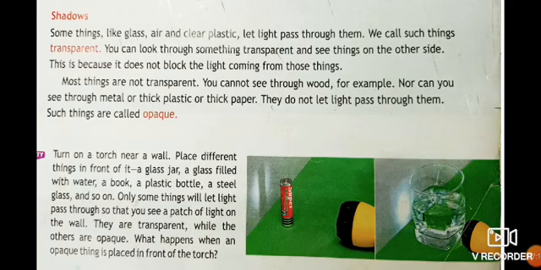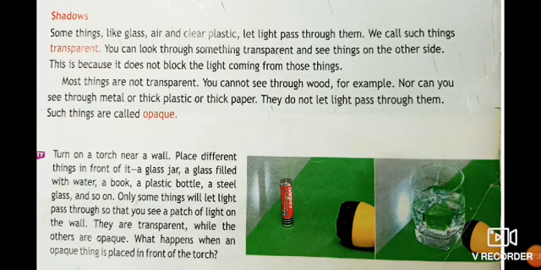You can see here the glass of water. You can look through something transparent and see things on the other side. This is because it does not block the light coming from those things.